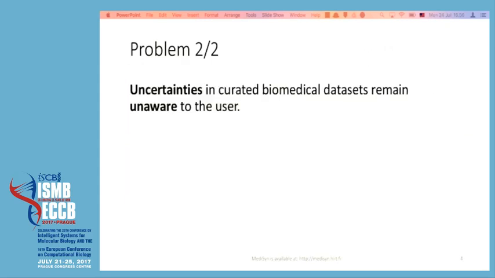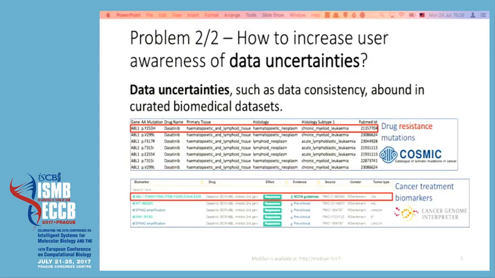And on the other hand, there are uncertainties in curated biomedical datasets. For example, usually there are missing data in the curated biomedical datasets. And also when we integrate multiple datasets, there can be data conflicts.